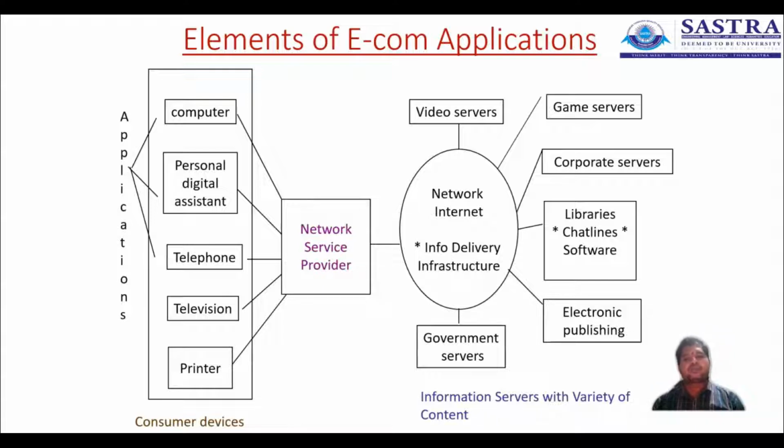So the network service provider we will call an internet service provider. Then we are going to the network internet information delivery infrastructure, where we are controlling all the things using video servers and government servers. Then we are having game servers, corporate servers, libraries, chat line software and electronic publishing systems.